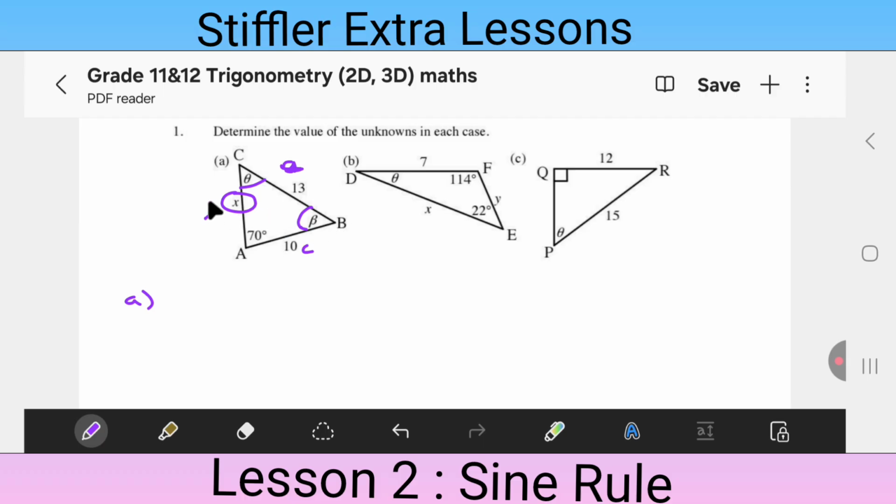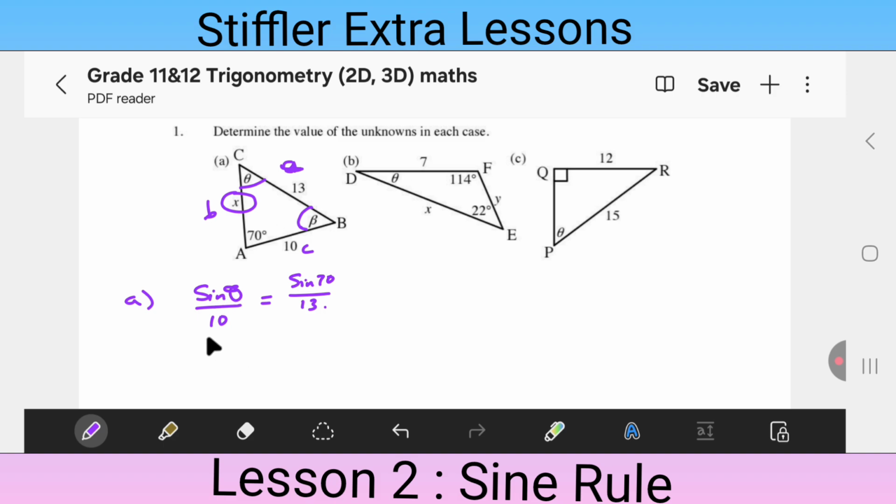Now, trying to find this angle, we can say that sine of angle C, which is theta, so sine of theta all over the opposite side, which is 10, will be equivalent to sine 70 over 13.